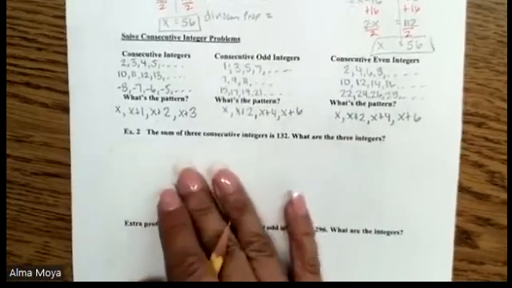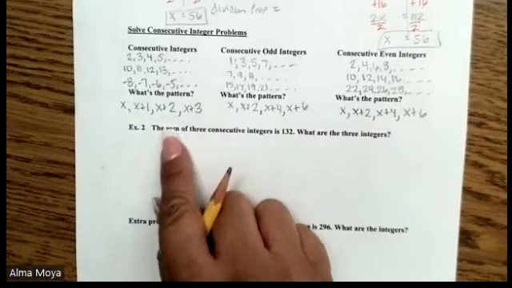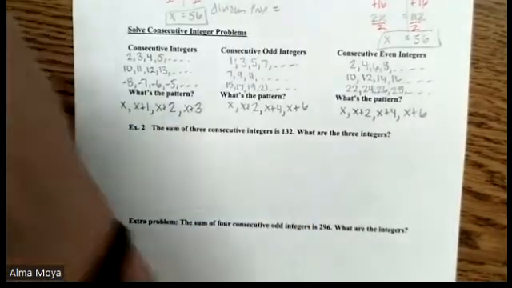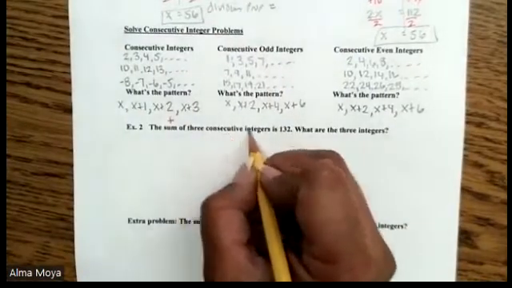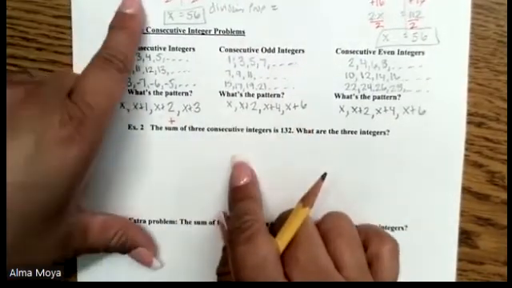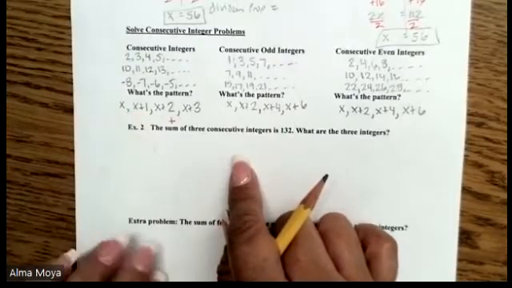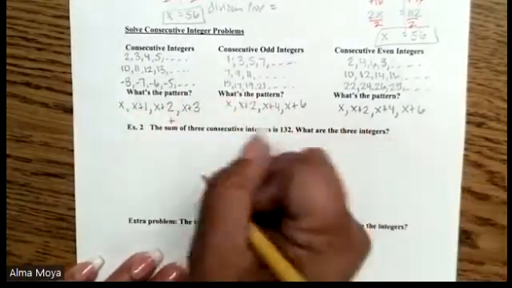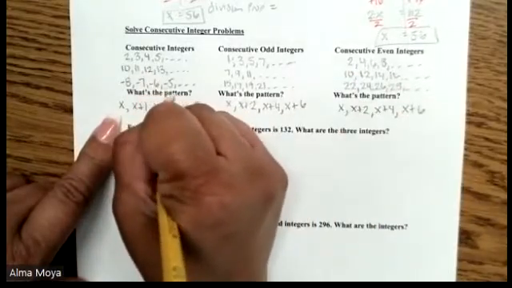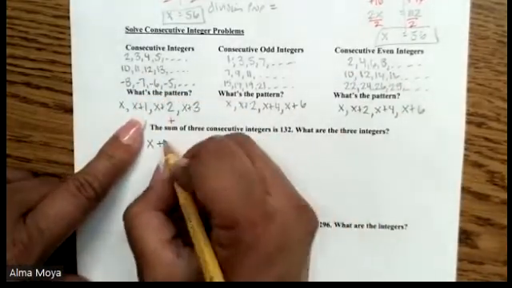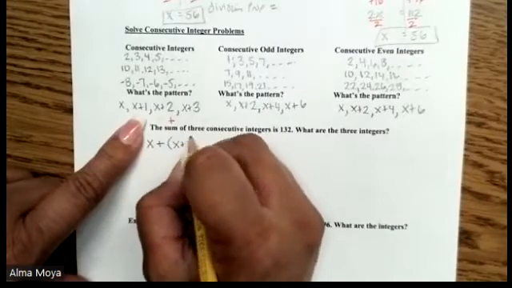Now right here, on the first example, it says the sum. The word sum means to add. The sum of 3 consecutive integers. Now consecutive integers is this pattern right here. So you're going to have 3 consecutive integers. So the first one will be x. The next one will be an x plus 1.